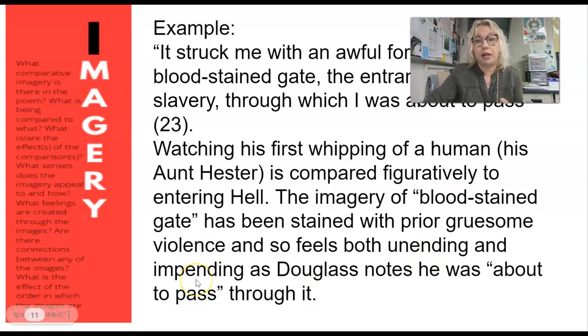It's going to happen again, and to Douglass, as he notes he was about to pass through it. So I'm focusing on the blood-stained gate and the comparison of this experience to entering hell in this analysis.